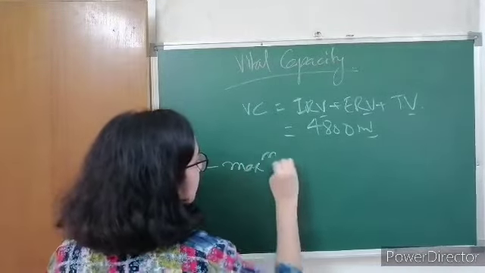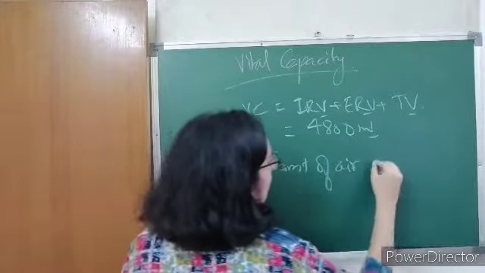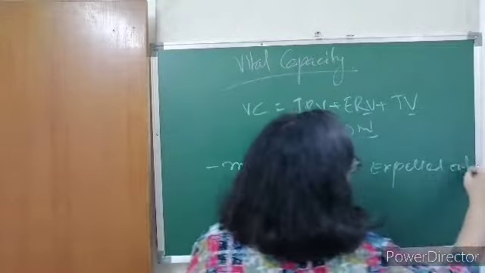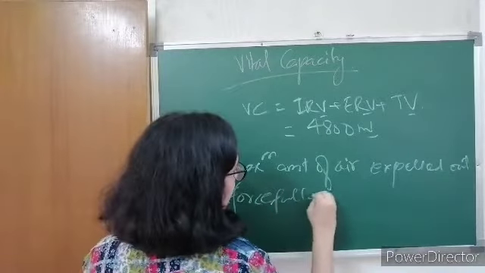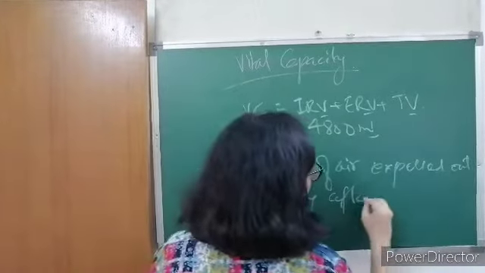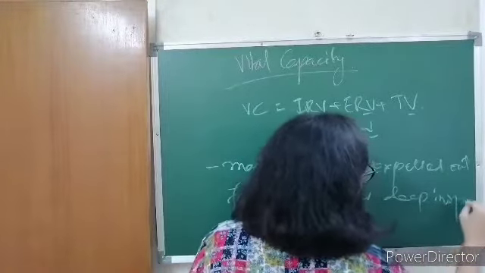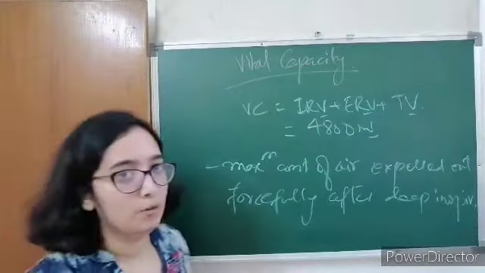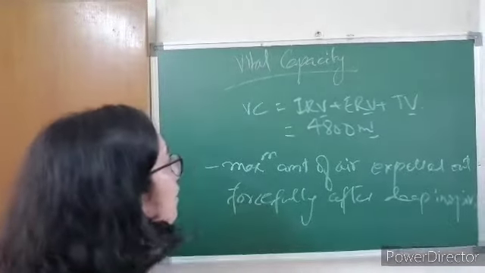This will be the maximum amount of air expelled out forcefully after a deep inspiration. Okay. So what is vital capacity? It is the maximum volume of air that we may expel forcefully after a deep inspiration.